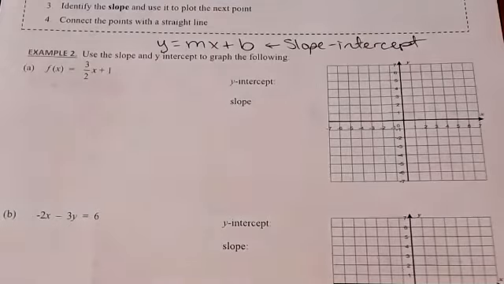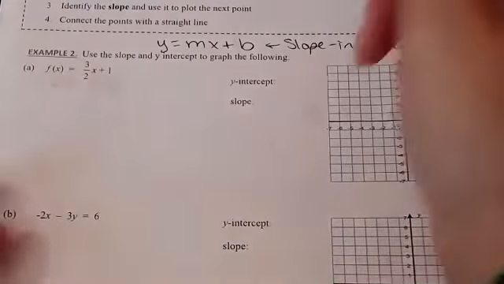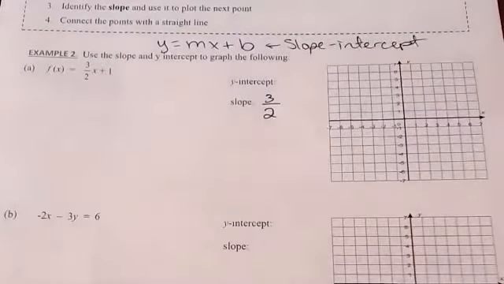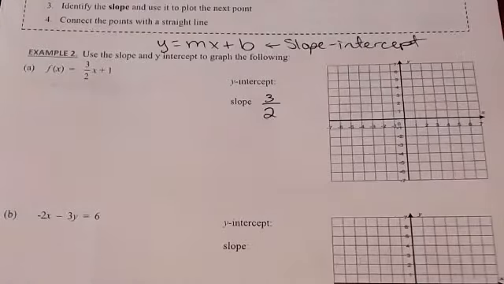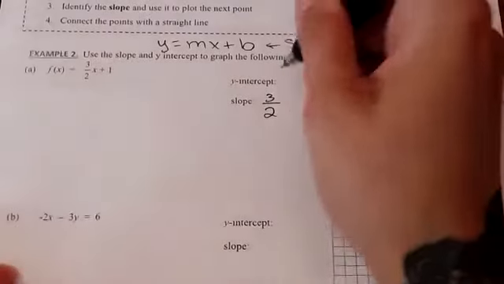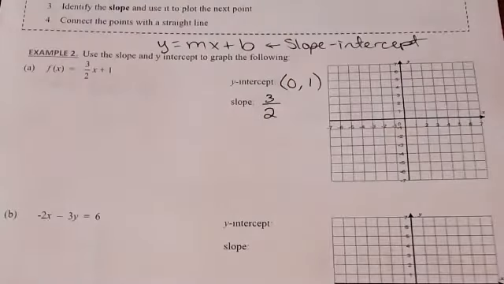My slope is 3/2. Yeah, perfect. And what's your y-intercept? I'm sorry, I'm blanking right now. That's okay. Oh, it's a 1? Yeah, 1. Perfect. So you're going to write it as an ordered pair. Tiana's totally right. The y-intercept was (0, 1), right?